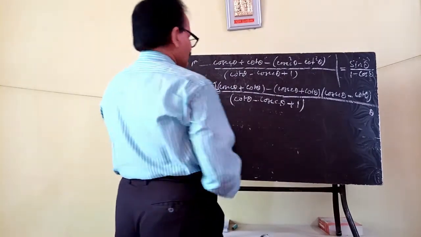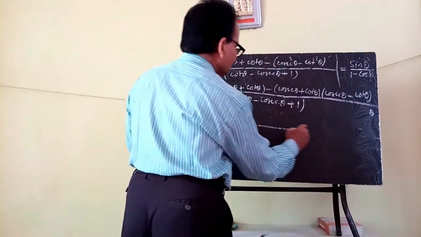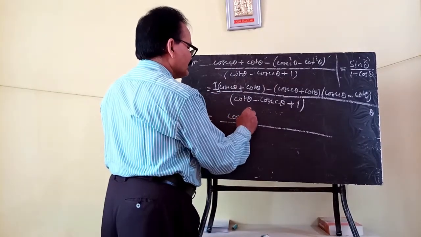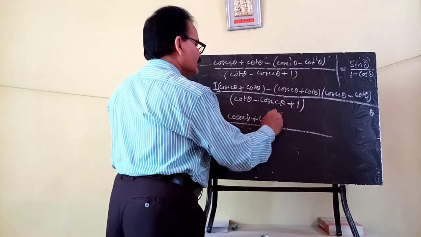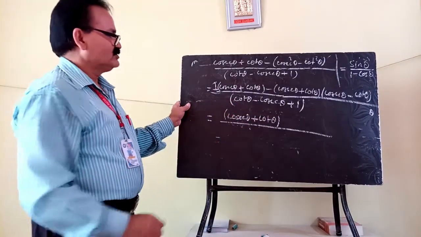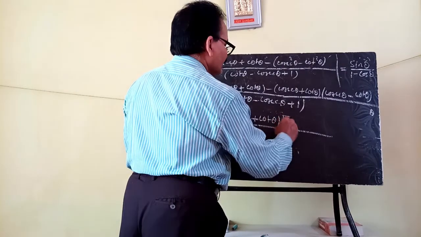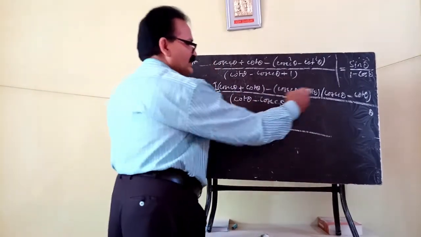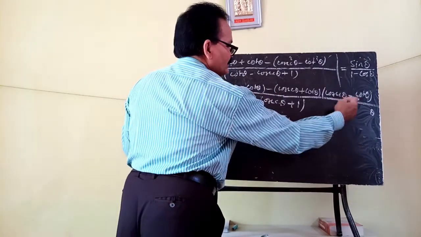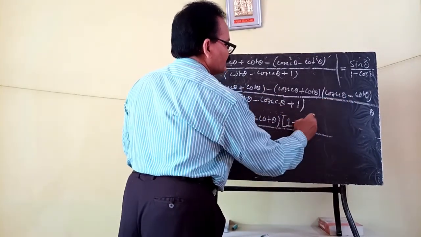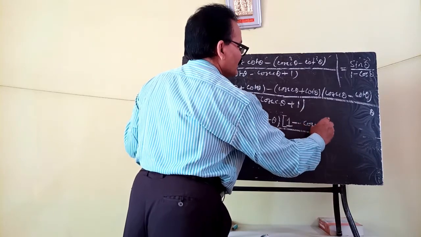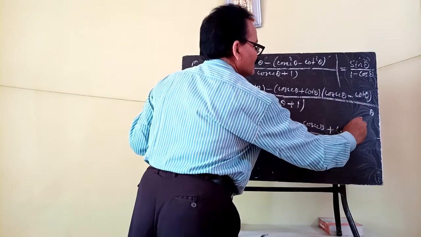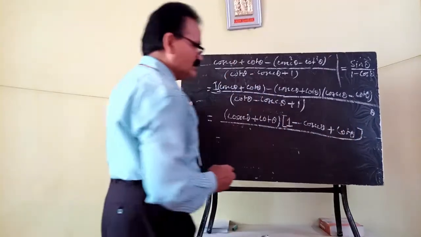After that, in the denominator, this is your cot theta minus cosec theta plus 1. At this stage, you take common cosec theta plus cot theta, so here 1 will be left in the first term, and in the second term, minus of this part. That means minus cosec theta, and minus of minus cot means plus cot theta. Okay, you have got it.